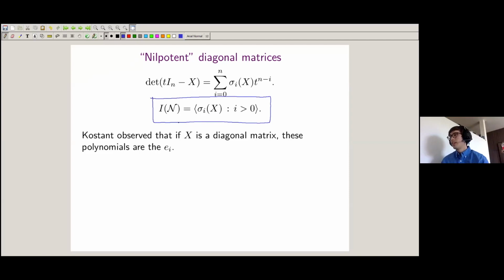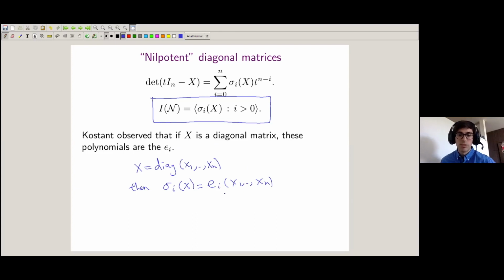And to get to the intersecting with the diagonal, Kostant observed that if we specialize x to be diagonal, so diag of x1 through xn, so those are the diagonal entries, then sigma i of x is the same as the ith elementary symmetric polynomial in the variables.